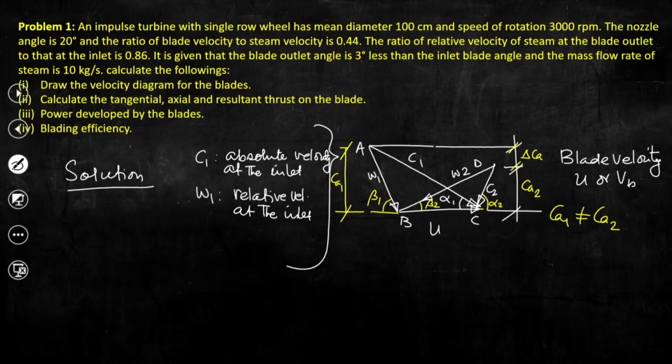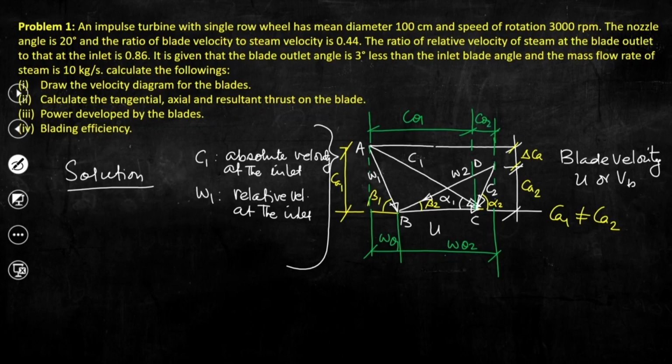Similarly, if we try to draw the component, this is W theta 2 and this is W theta 1, or we can write this is C theta 1 and this is C theta 2.